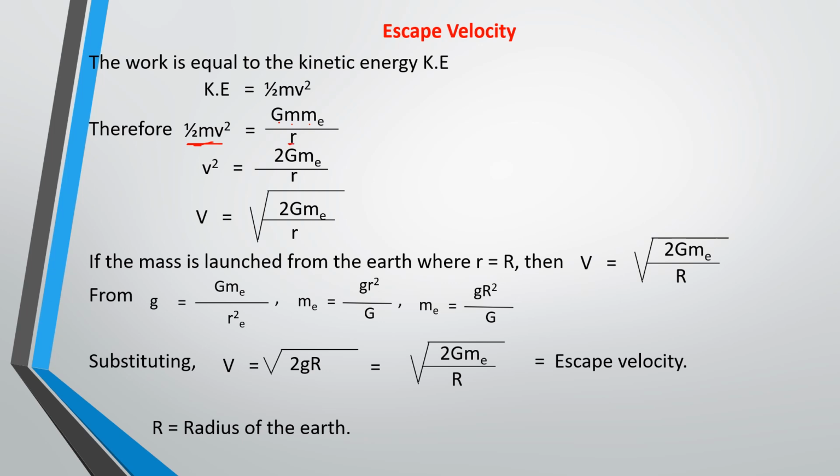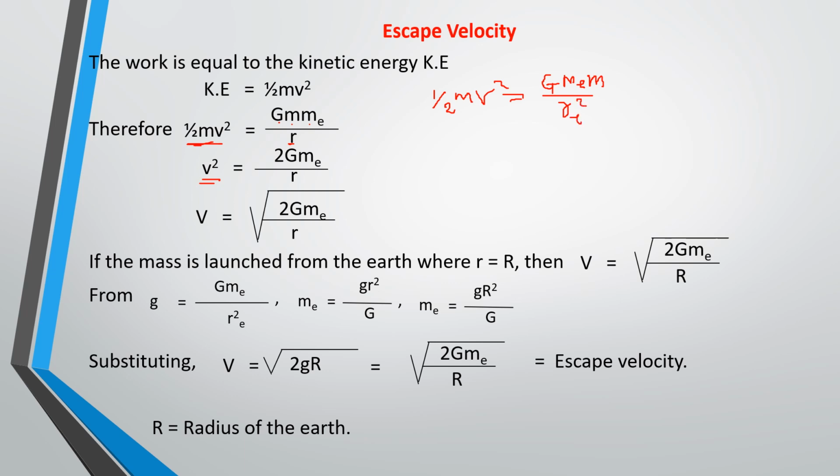So now make v the subject of the formula. You have that half mv squared is equal to G, the mass of Earth, the mass of the object, all over the radius of the Earth.